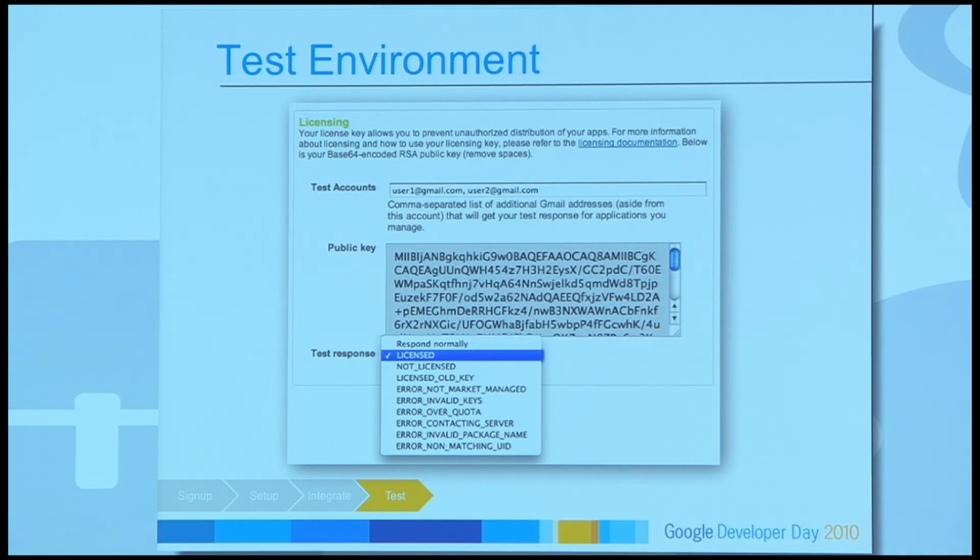Here, besides the publisher account, you can add additional test accounts for your development team to test different license responses. This is also the place where you get the public key, which is used to check the signed license response.